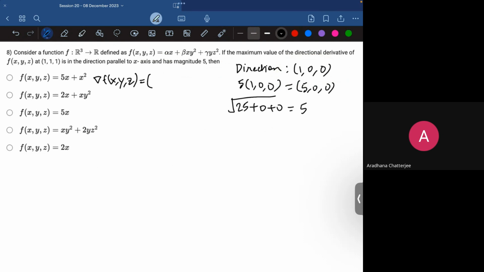Okay. So now we're just taking the partial derivative. The first element of the gradient vector has to be the partial derivative of the function with respect to x. So what is the partial derivative of this with respect to x?